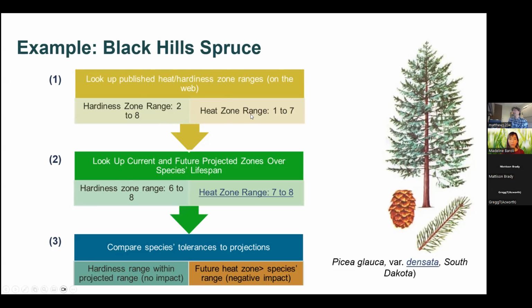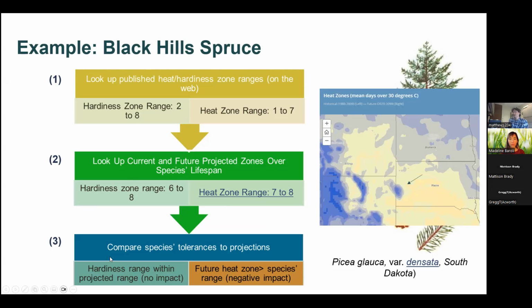2 to 8, heat zones 1 to 7. We can think in that area about what the projected changes are in those same metrics: 6 to 8, so still within the range, and then heat zones, that's above 85 degrees Fahrenheit, we have 7 to 8. So we see this component for the species under future conditions.